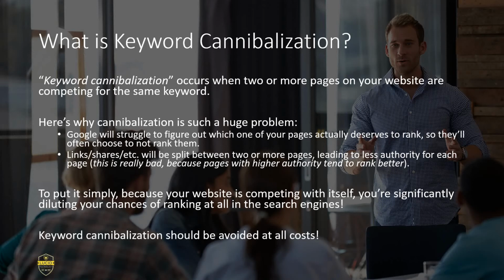And this is really bad because Google will give one page higher authority and tend to rank it better if it does not have internal competition between other keywords, i.e. keyword cannibalization. To put it simply, because your website is competing with itself, you're significantly diluting your chances of ranking at all in the search engines. Keyword cannibalization should be avoided at all costs.